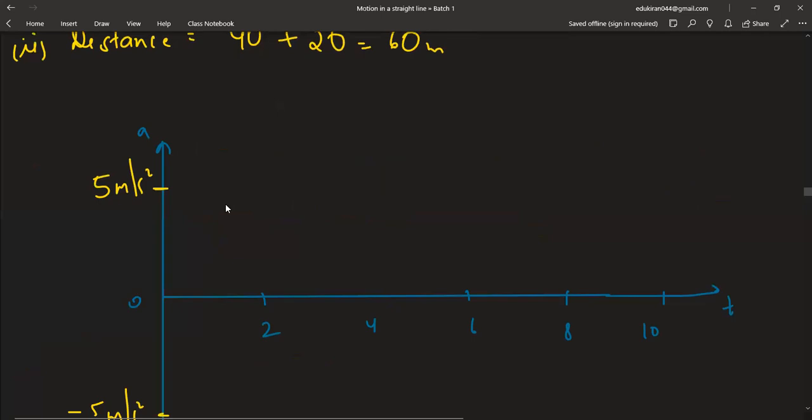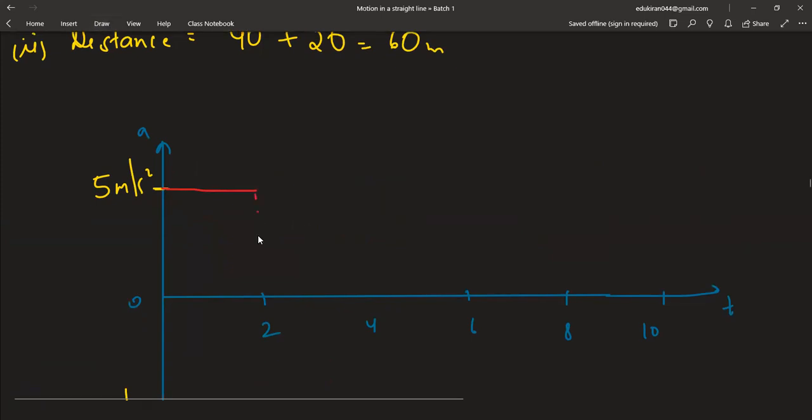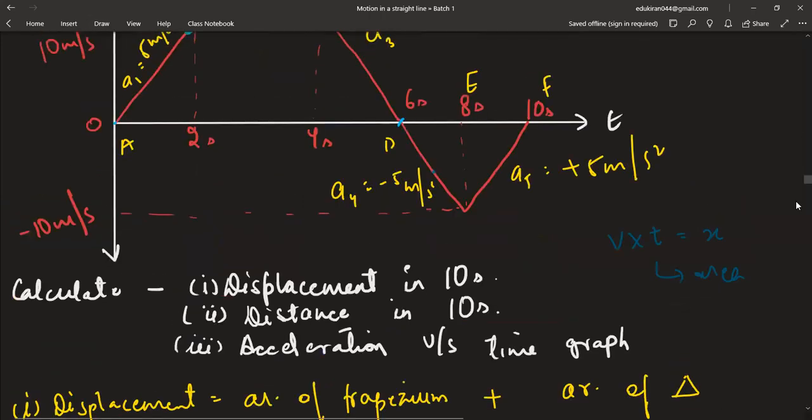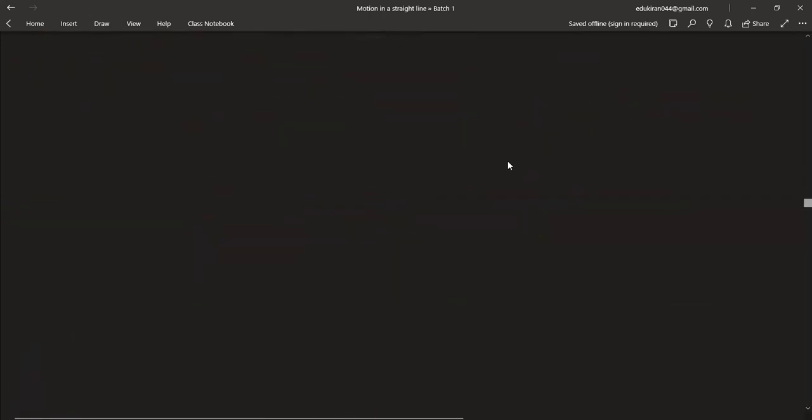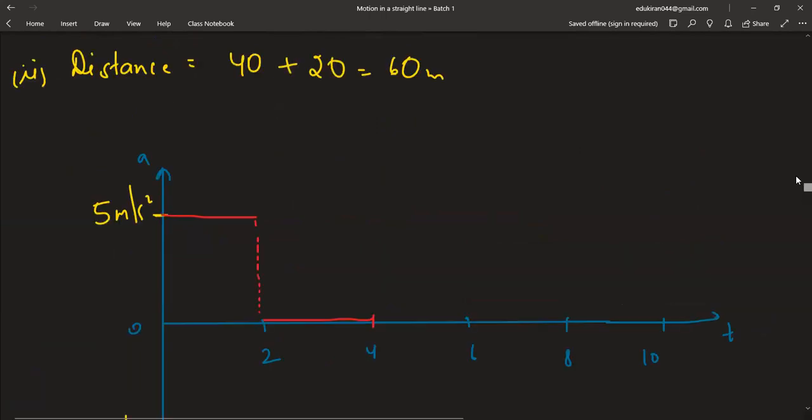So till 2, this would be a constant graph. What is happening next? 2 to 4, it is 0. So acceleration is 0 in 2 to 4.